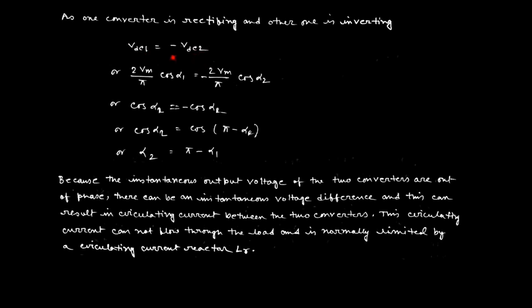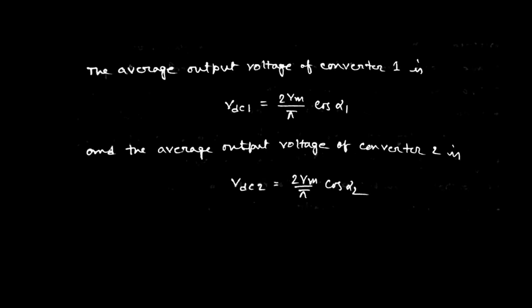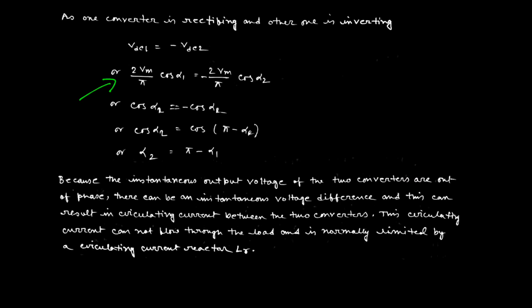So from this equation we can put in the expression from the previous slide. Then we have 2Vm by pi cos alpha 1 equal to minus 2Vm by pi cos alpha 2.